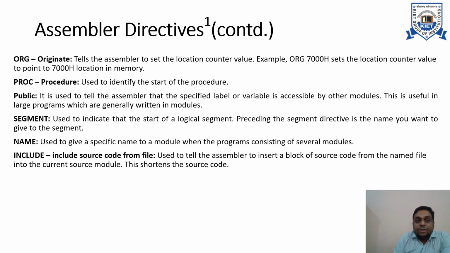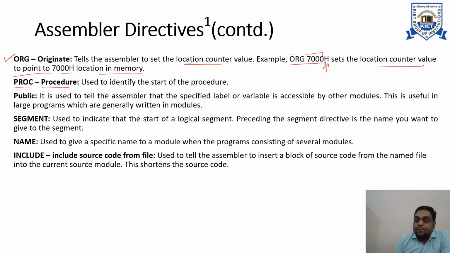Next is originate. ORG, originate. It tells the assembler to set the location counter value. For example, ORG 7000H. H is for hexadecimal. 7000 is the location and ORG is a directive. So it sets the location counter value to point to the 7000H location in the memory.